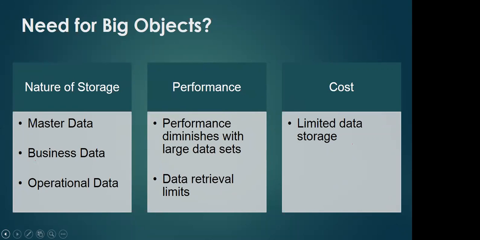Salesforce comes with limited data storage, and this is one of the primary reasons which sometimes drives us towards making our databases denormalized. During the data model design process, we are often cognizant of the fact that we don't want to create a data model which consumes too many records, because if our design consumes a lot of records, it's going to eat into the data storage space, and that is going to be expensive for our clients or customers.